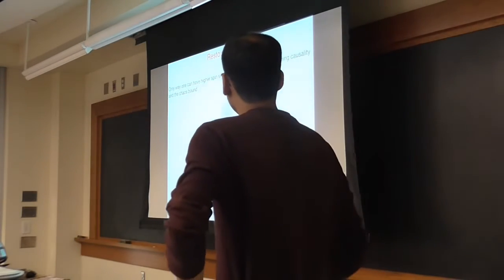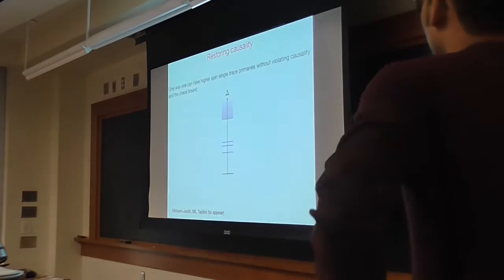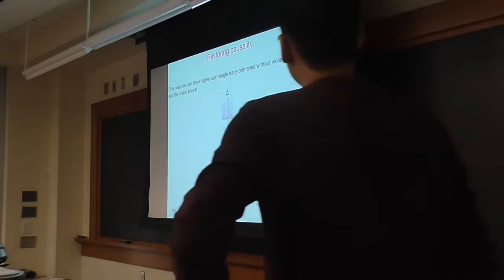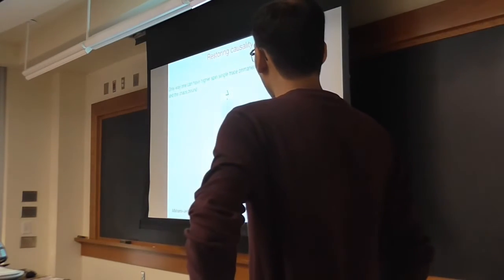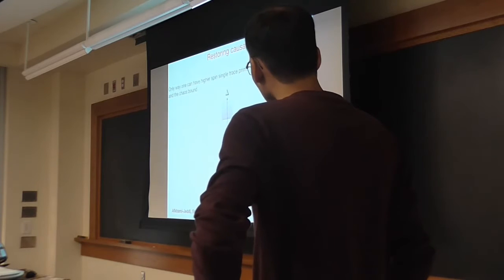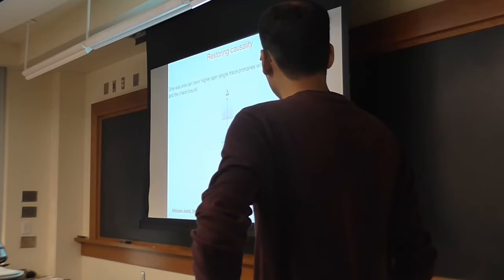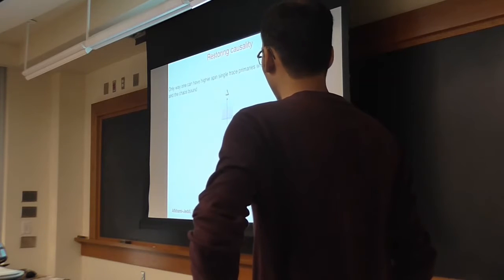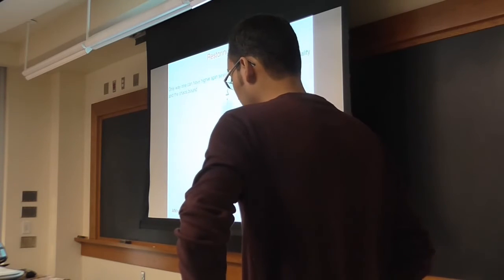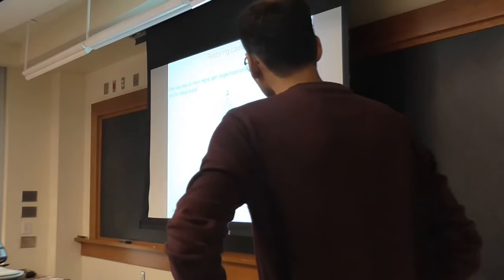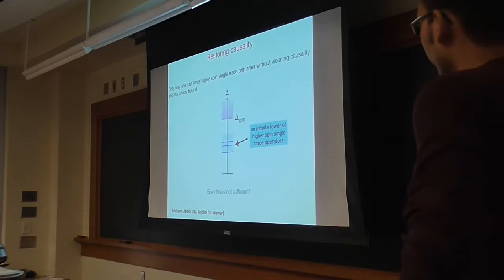So the only way one can have a high spin single trace primary without violating causality and the chaos bound is if you add an infinite tower of high spin single trace primary operators. That's the only way you can restore causality. But even that's not sufficient.